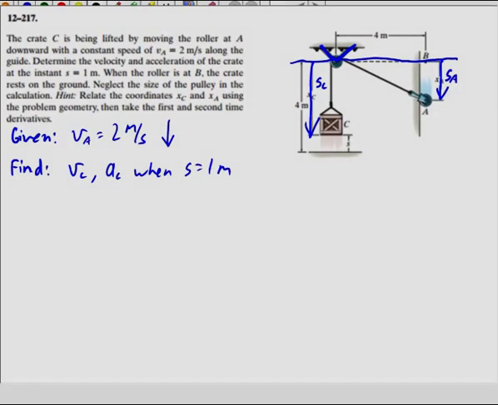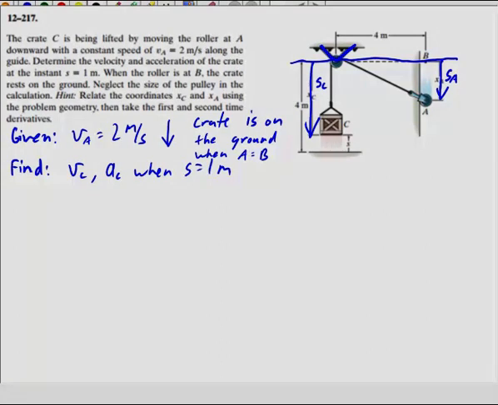So I'm going to write that in given: crate is on the ground when A is at B. So when this pulley is up at B, the crate is resting on the ground. That's going to help us relate S to the initial SC and the initial SA, which we're going to need.